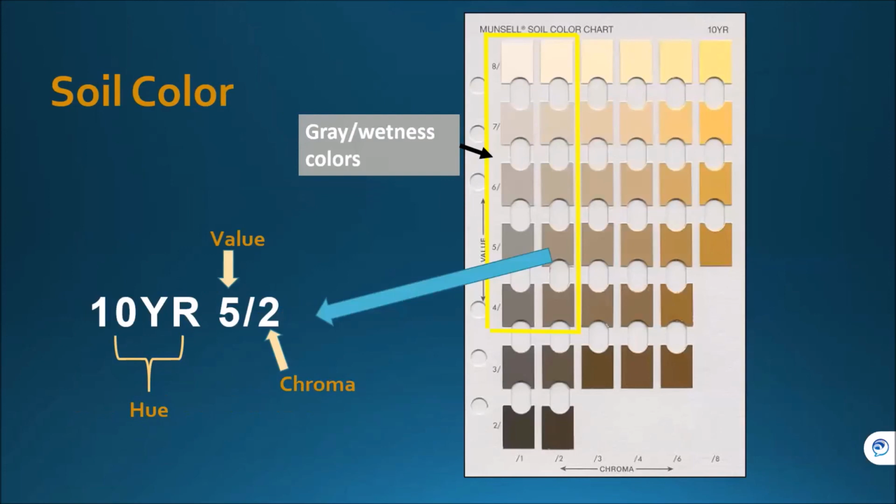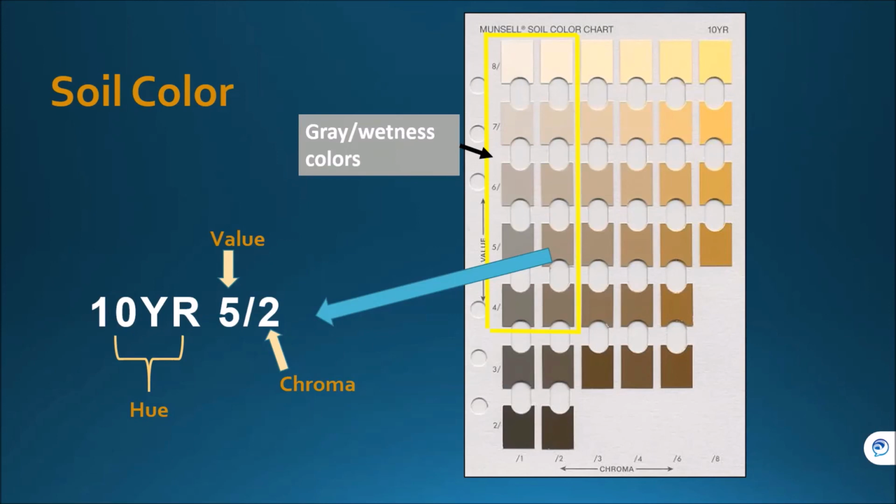I have to throw a couple of these in just because this is how we do it. This is just the Munsell color chart, if you've ever seen the Munsell color book, and this is just how we kind of read the colors. The main thing that we're concerned with is those two columns and the 4 2s and higher, those are our gray and wetness colors that you see there in the yellow box.